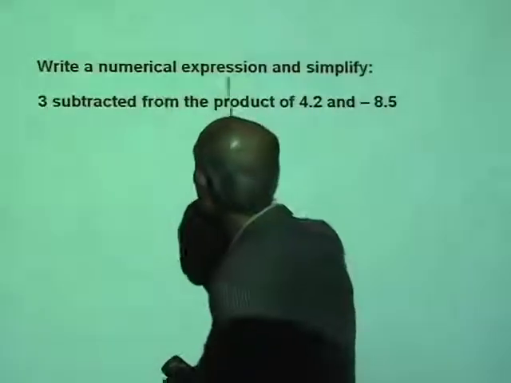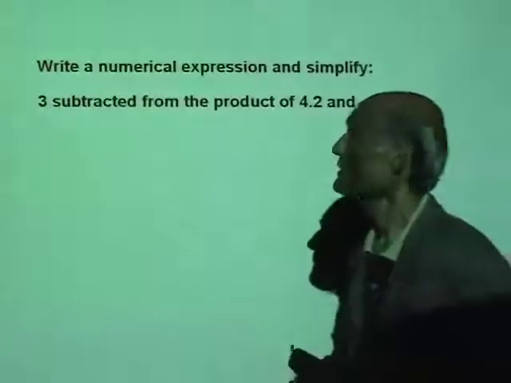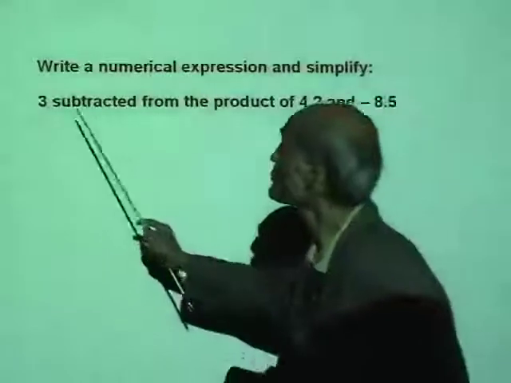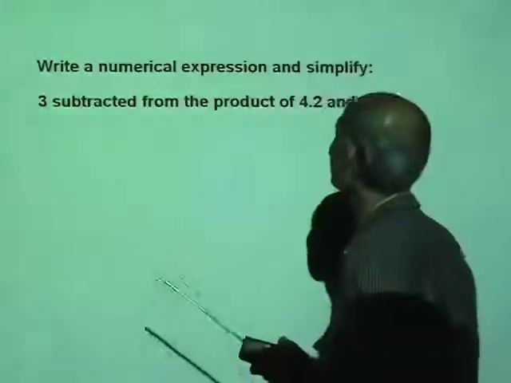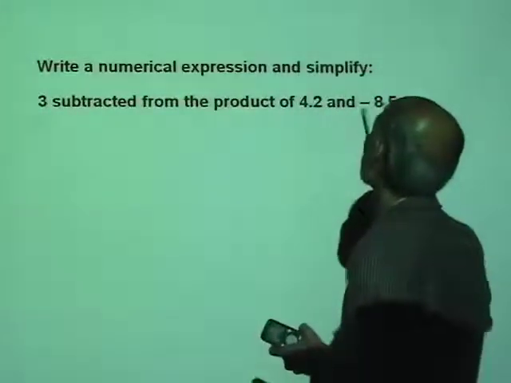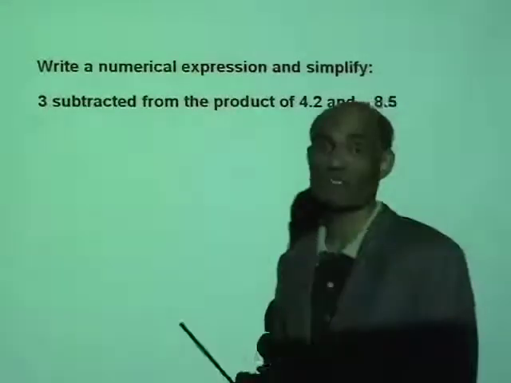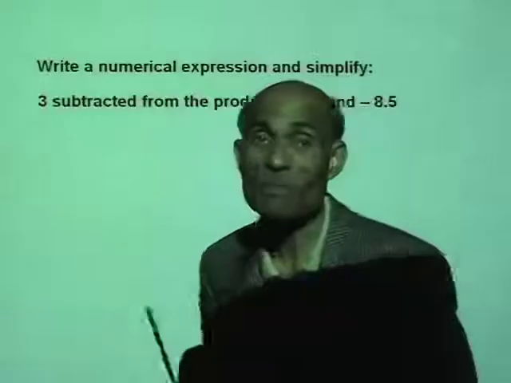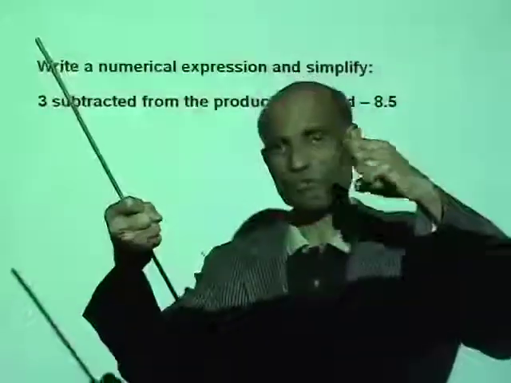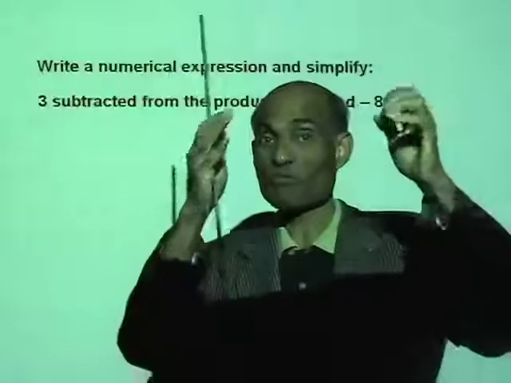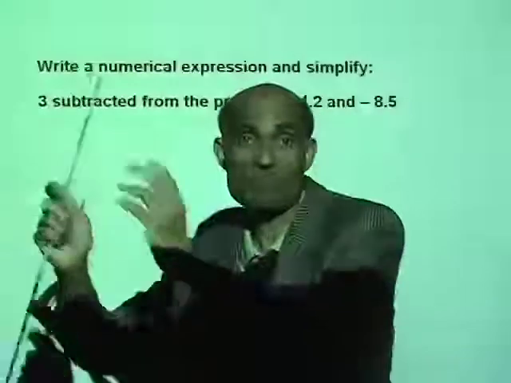Write a numerical expression and simplify. 3 subtracted from the product of 4.2 and negative 8.5. You see, always remember when you are asked to subtract something from something else, that from is on the left, minus then the number.